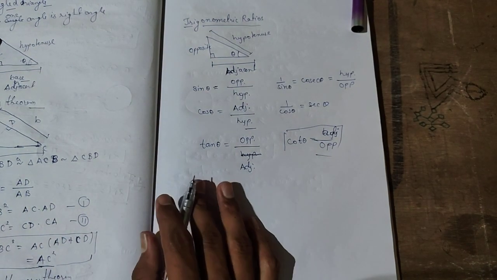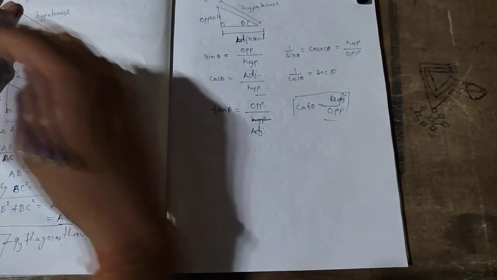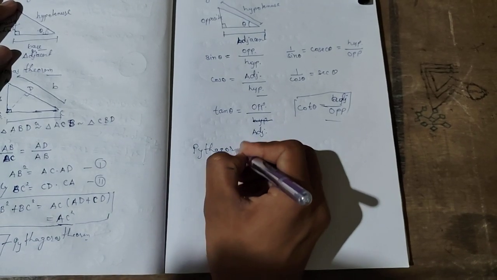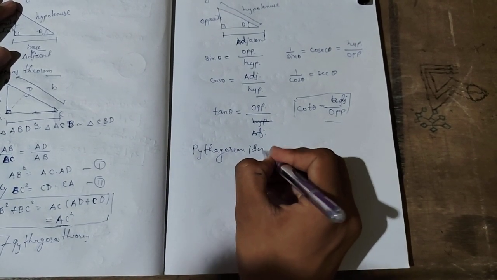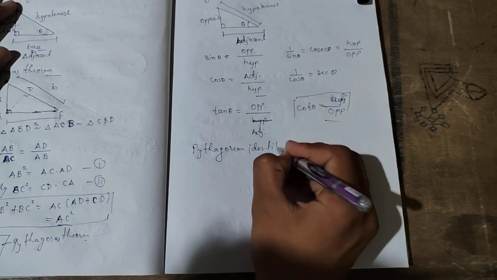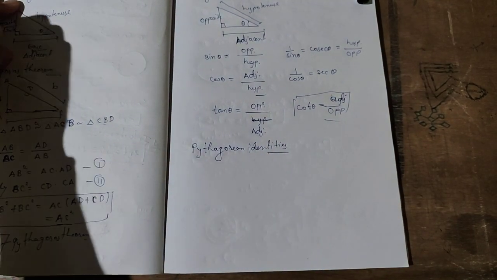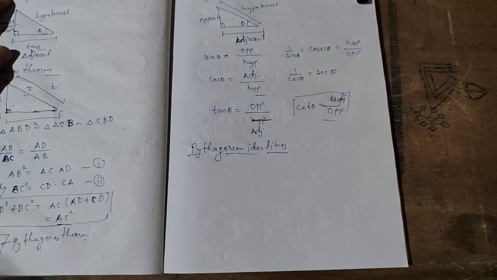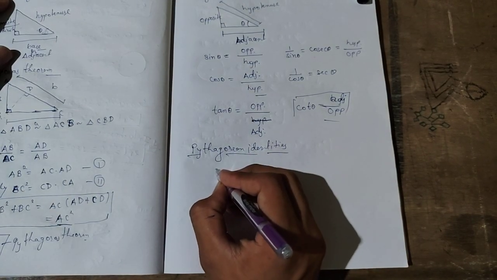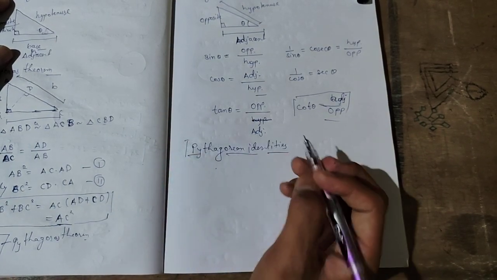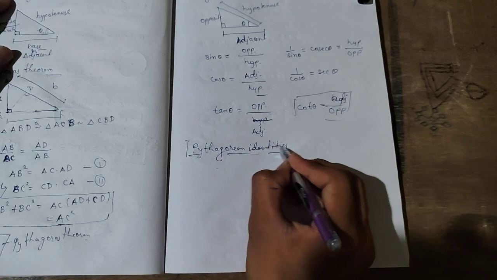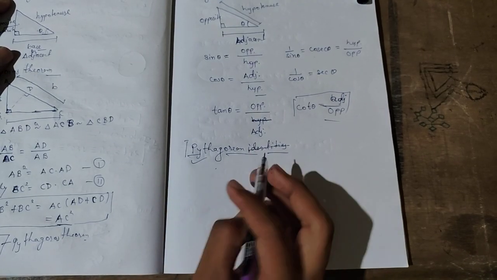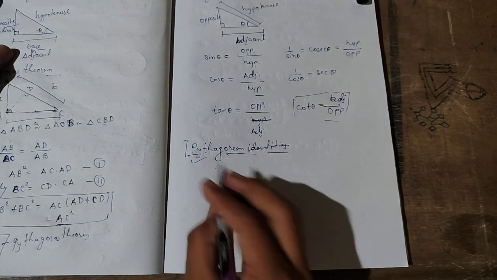Now look at some important Pythagorean identities, or let's say some corollaries of Pythagoras.